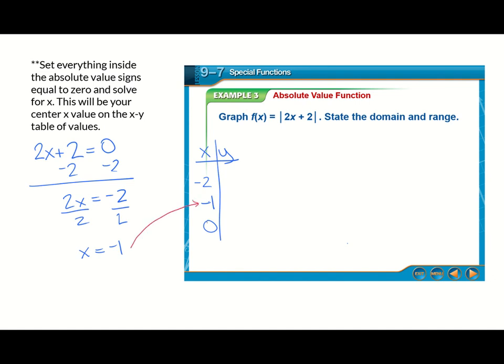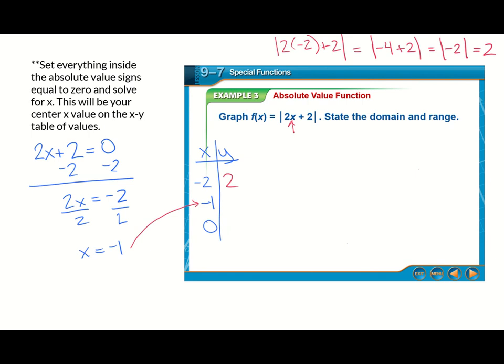Okay, you're going to put those values that I have for x into the original function right there. So I would get the absolute value of 2 times negative 2 plus 2, which is the absolute value of negative 4 plus 2. The absolute value of negative 2 is 2, so that value goes right here.